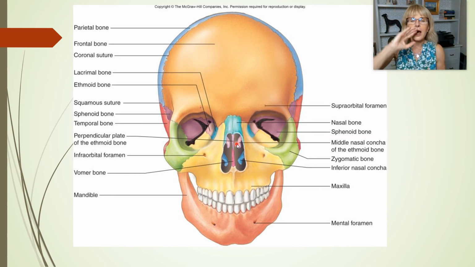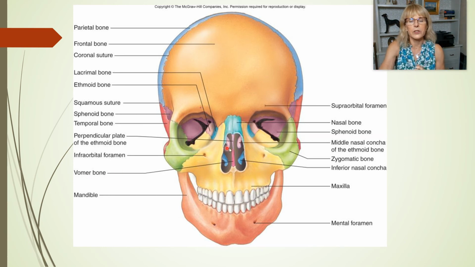And the upper part of that right here, and also these scrolls of bones inside the nose, are made up of the ethmoid bone. That's not all of the ethmoid bone, but it's an important part of it. And that is specifically the perpendicular plate of the ethmoid bone. The lower part of that nasal septum is made up of the vomer bone.